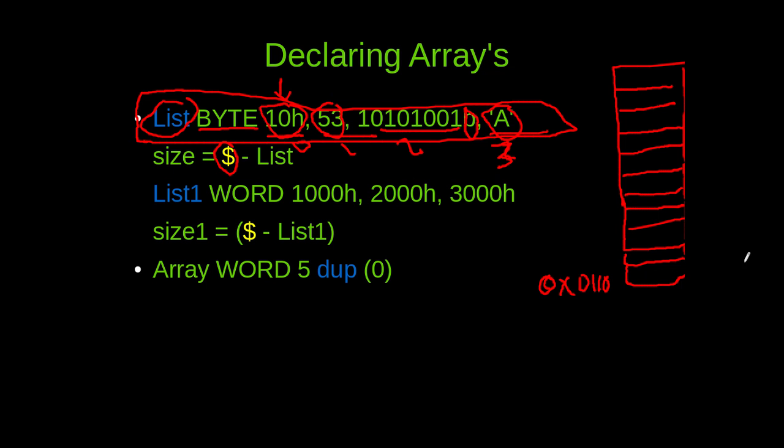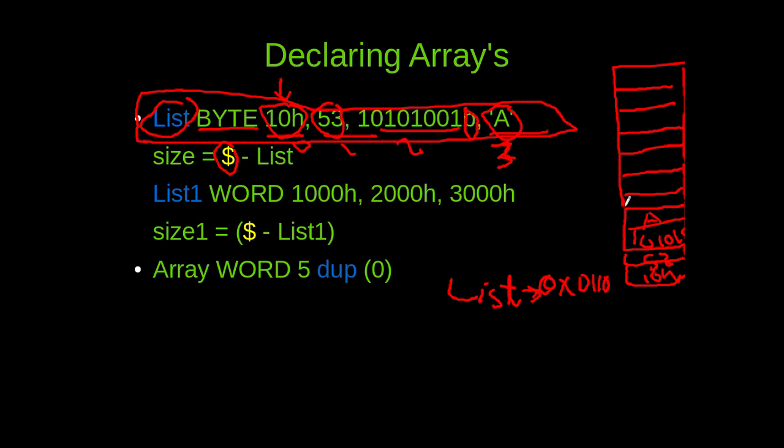This is the first byte, a byte addressable memory, and this is labeled as list. List is pointing here to this address. So this is going to hold what? 108. This is going to be 53, and this is going to be the binary number, whatever I have. Sorry about the handwriting, guys. And this is going to be A.